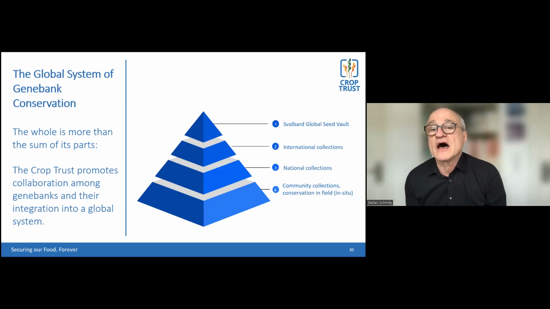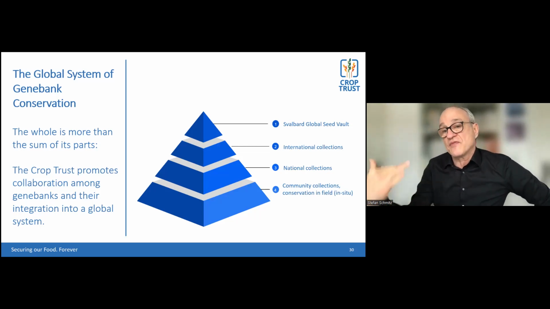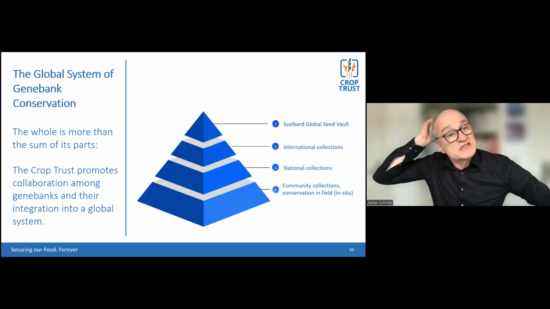A second level are the international collections. 18 of them are recognized by FAO with a specific status as international ones. Then the entirety of the national seed banks, the national collections, and at the very bottom, lots of community collections that go further down into conservation in fields, the so-called in situ conservation.